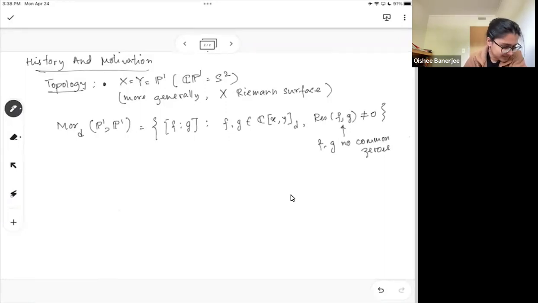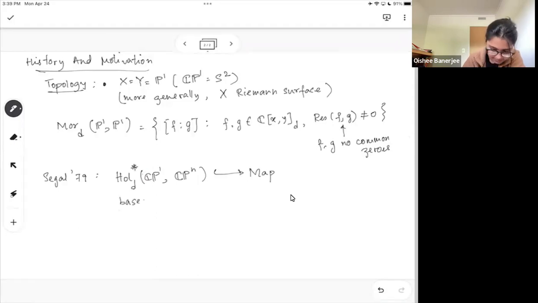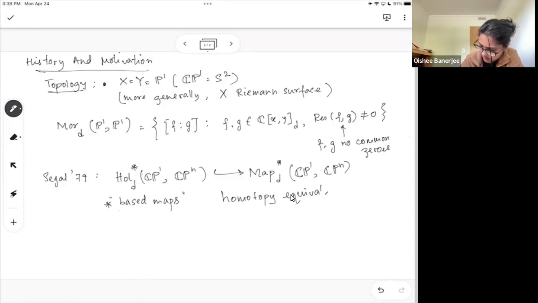So what Segal did back in '79, I think, is that he showed the space of degree D holomorphic maps from CP^1, let me be precise, these are based maps, so say infinity goes to a fixed point somewhere, naturally sitting inside the space of continuous maps, and this is a homotopy equivalence up to a certain degree.